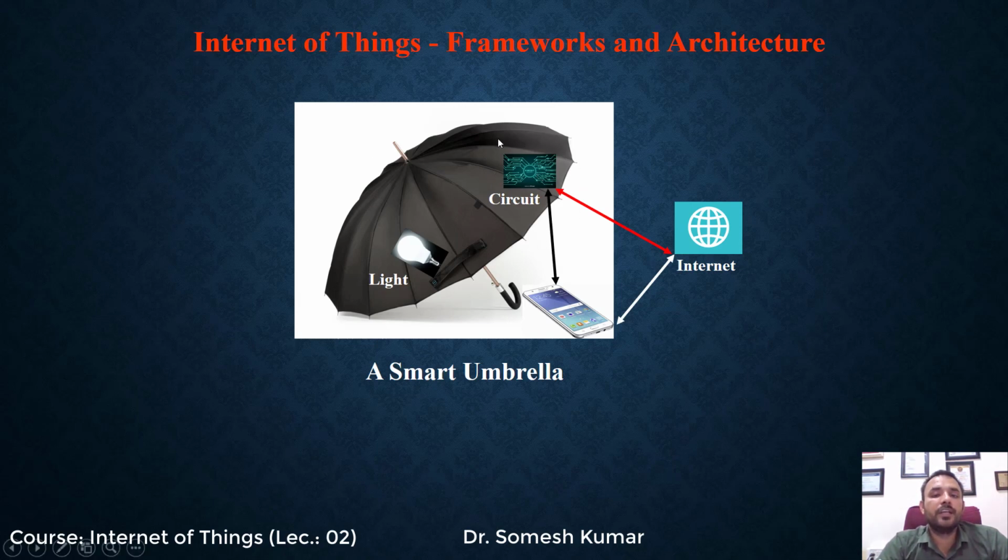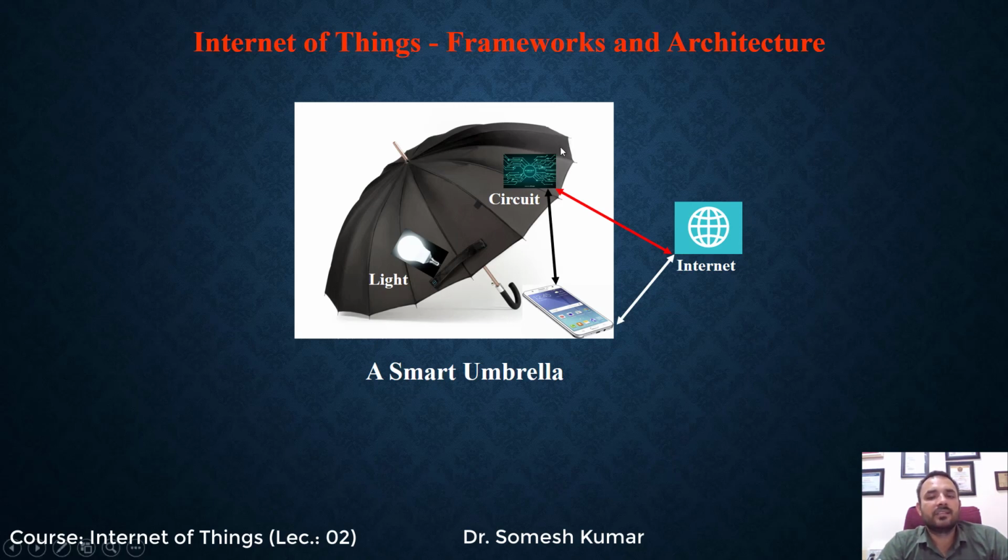So each morning this circuit sends a message to the user: okay, today outside there is rain, so don't forget to take me with you. Or this umbrella sends a message: outside there is a sunny day, so you have to take me with you. Fine. So the user gets this notification on their mobile.